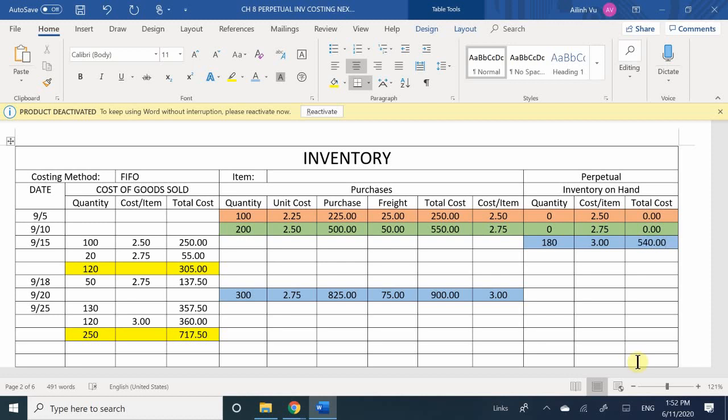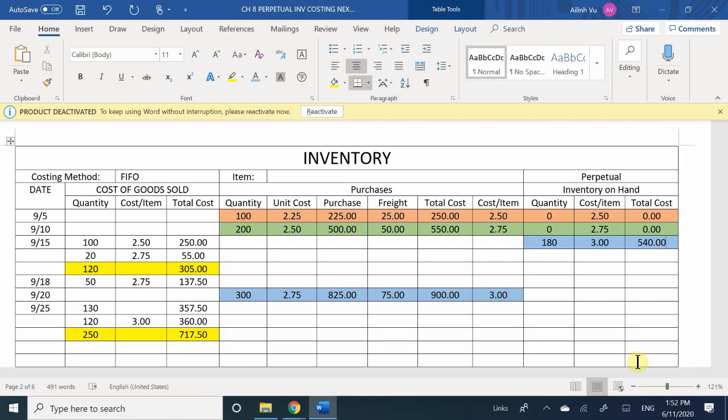180 times 3. Did everyone get that? What is 870? You were doing the 900 minus the 825?